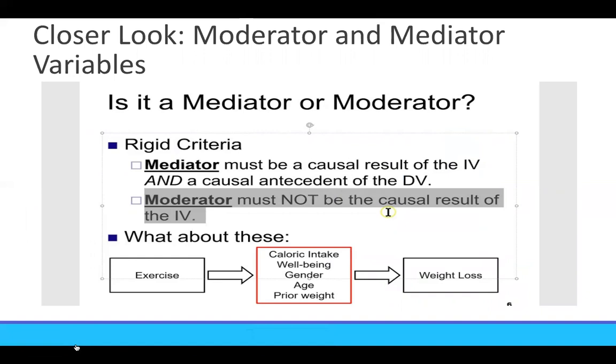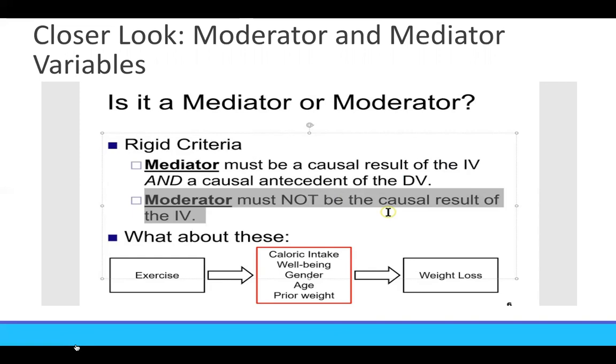Exercise is the IV, you think that explains weight loss. Well, they want you to consider these possible intervening variables: caloric intake, well-being, gender, age, prior weight. Keep in mind, if you're talking about a mediator, you're looking for something that is the result of exercise and happens before your weight loss.